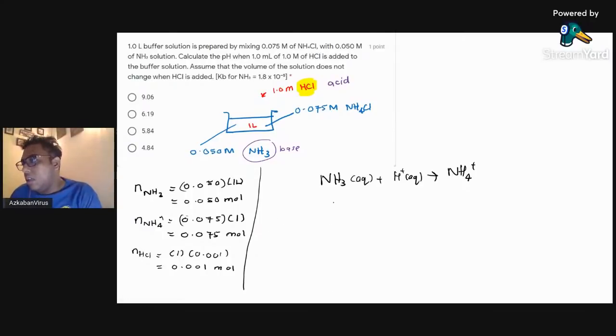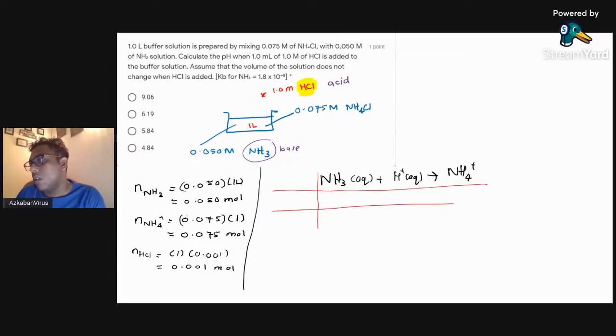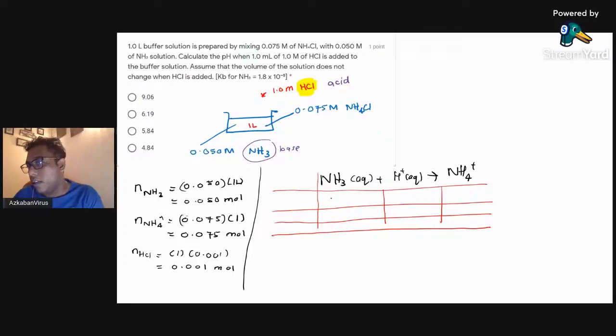So, initial kita ini adalah 0, 0.050, 0.001, ini adalah 0.075. Tolak 0.001, produk tambah.